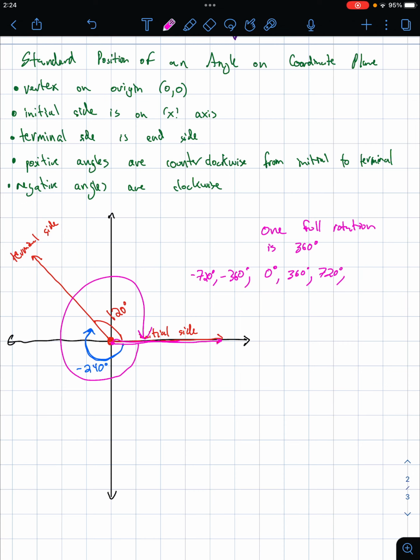And what we're going to call these are coterminal angles. Angles that are coterminal are angles that have the same terminal position of the terminal side.